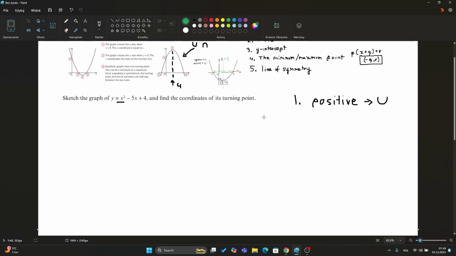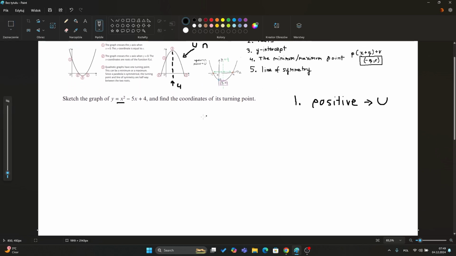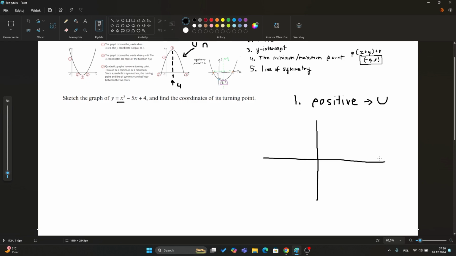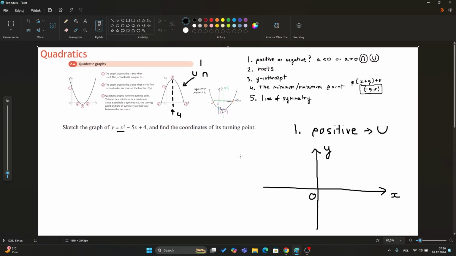Now knowing this information, we can sketch the graph of y equals x squared minus 5x plus 4. First of all, we found out that the graph is positive. So that is the graph here, x, y, 0, where it's positive. But we can't draw it yet because we haven't found the roots, the y-intercept or the turning point.